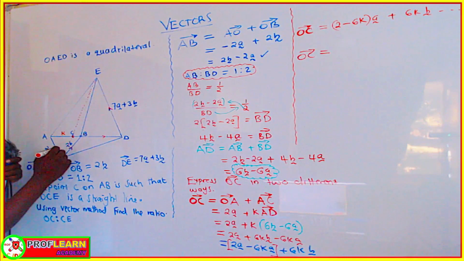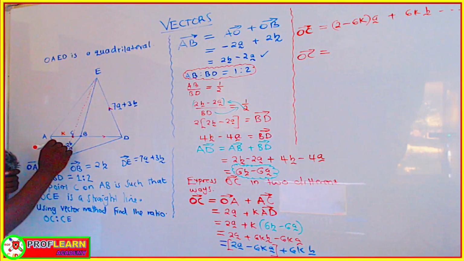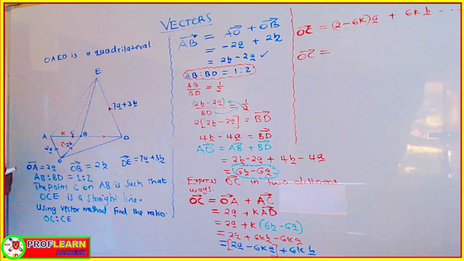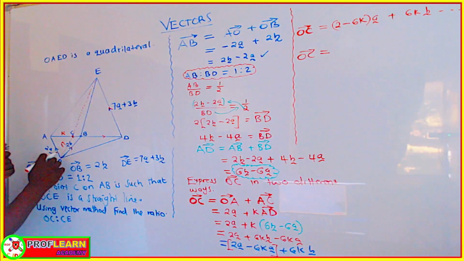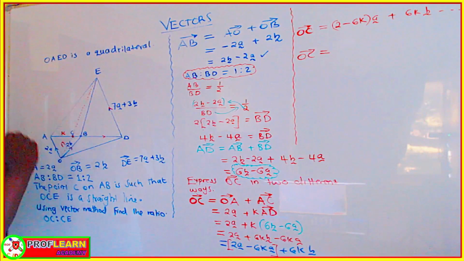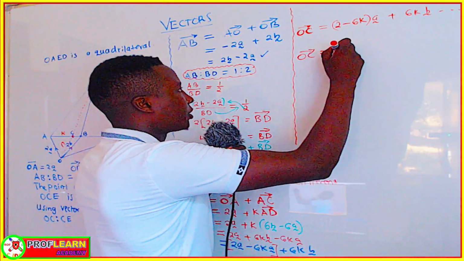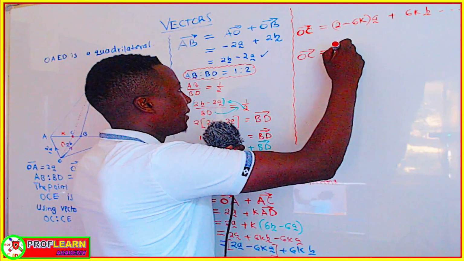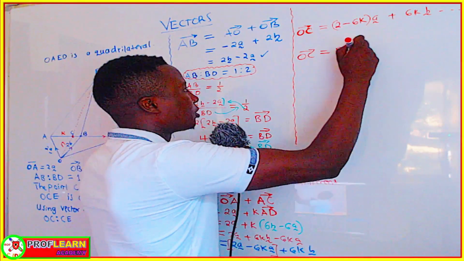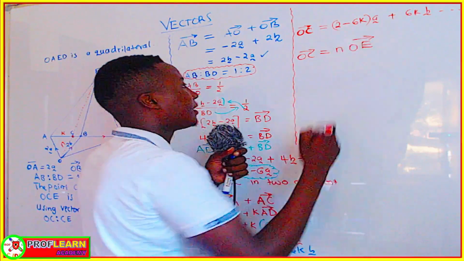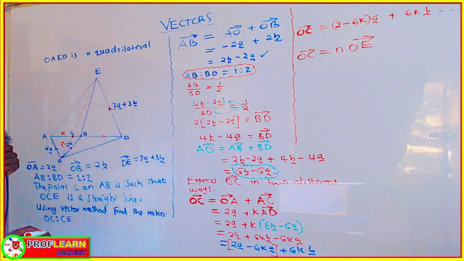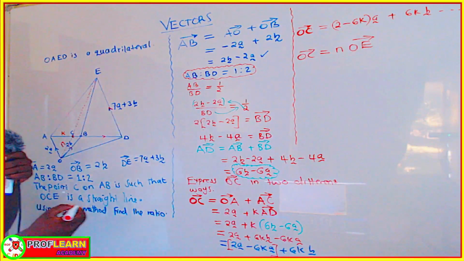But we are going to agree and say OC can be N of OE. There could be a constant you can multiply on vector OE to give you OC. So OC can be obtained by N times vector OE.